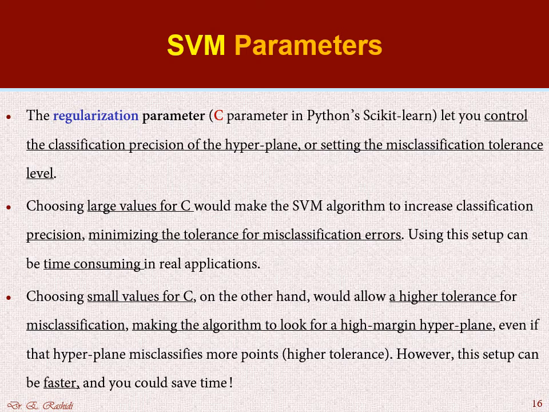However, this setup could be faster and you could save time. So large values for C would increase precision, but less tolerance for misclassification. Small values for C, higher tolerance for misclassification, but faster. So there is this trade-off that we need to do.